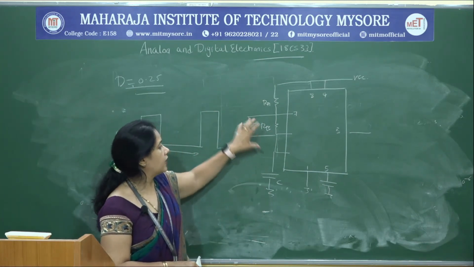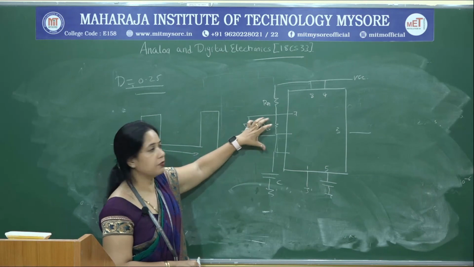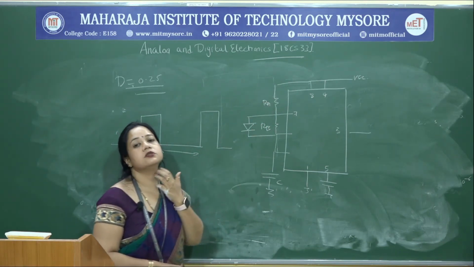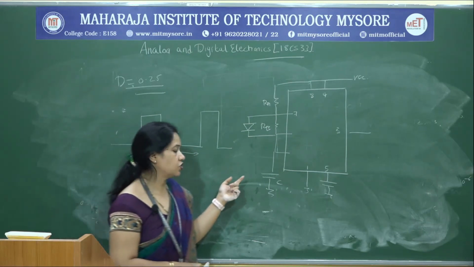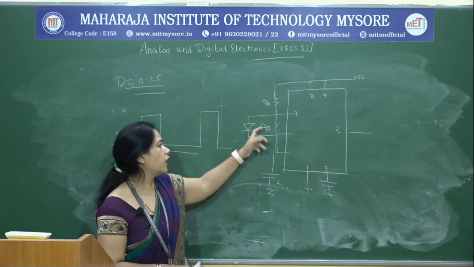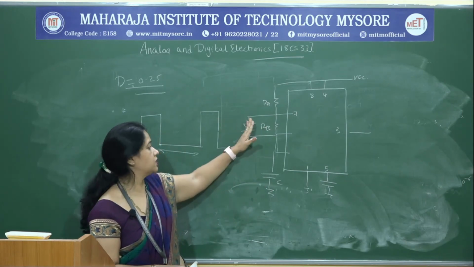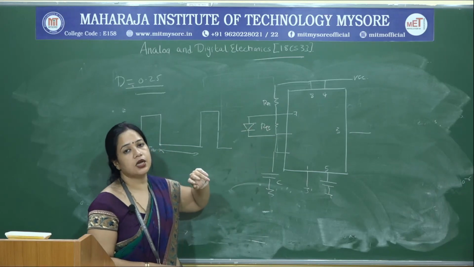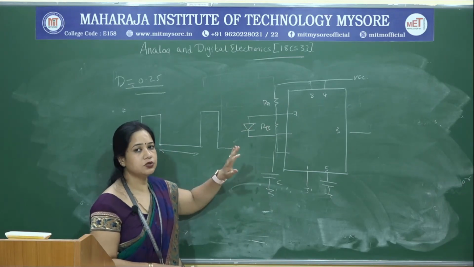So, as usual, we connect a diode across RB so that it gets charged through RA, modifying your charge expression as 0.693 into RA into C, and it discharges through RB, bypassing the diode because the diode is reverse biased, and the discharge time becomes 0.693 RB into C.